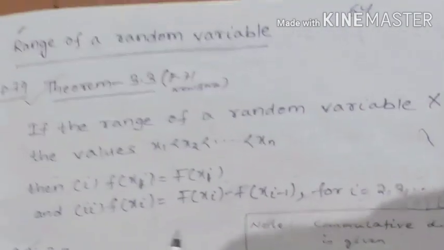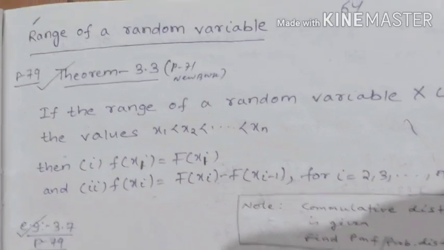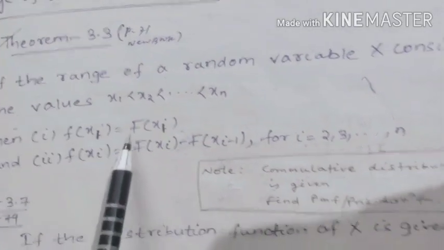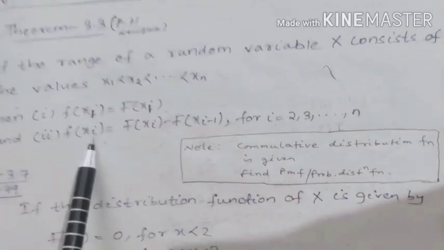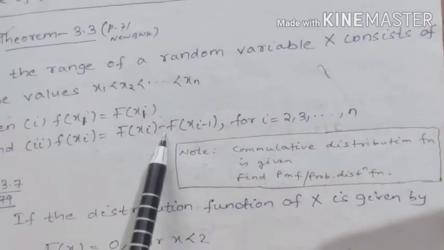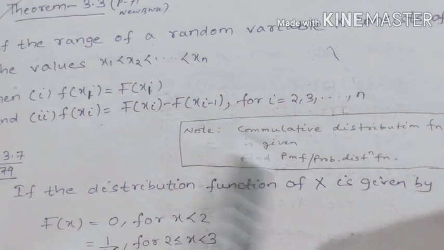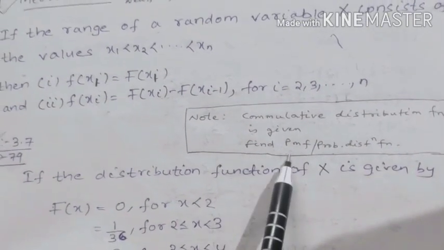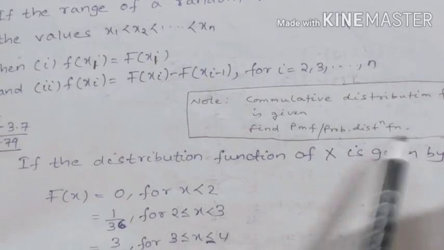Then how can you find the range of a random variable? The formula is f of x1 equals capital F of x1. f of xi equals capital F of xi minus capital F of xi minus 1. If the cumulative distribution function is given, find the PMF, the probability mass function.